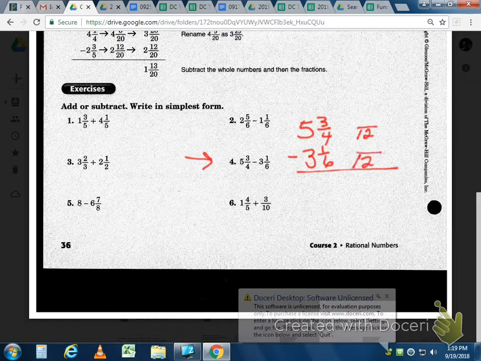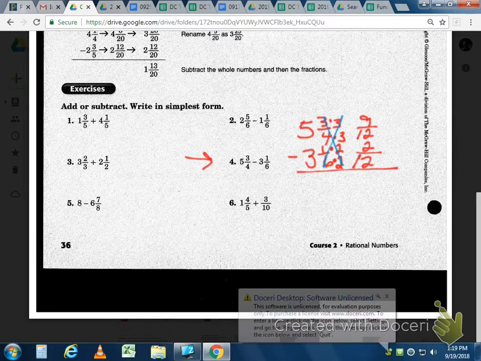Now, Liam, 6 times what is 12? 2. So because I take 6 times 2, I'm going to go 1 times 2. So what's that numerator going to be? 2. All right, Liam, 4 times what is 12? 3. So 3 times 3, 9. Now when I do it like this, I mark this middle out.